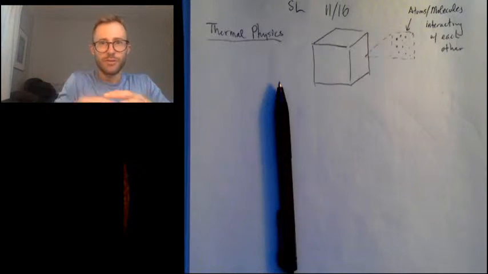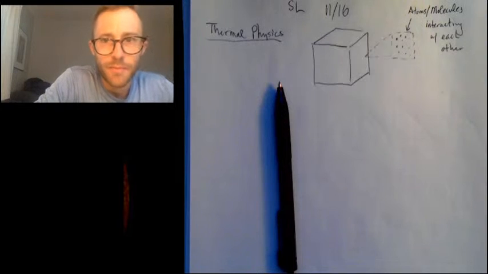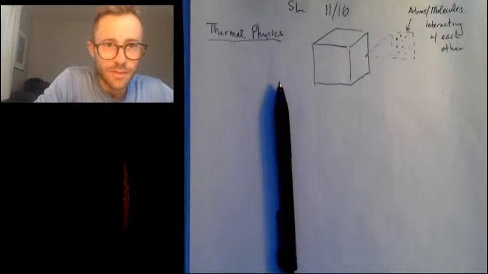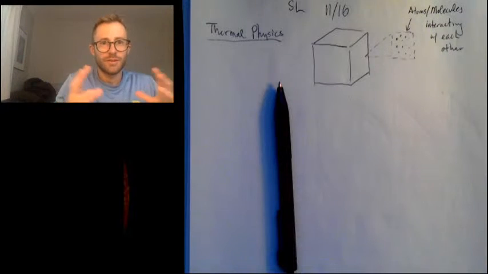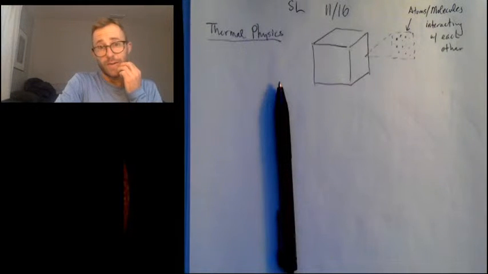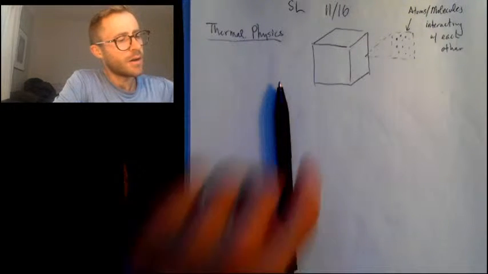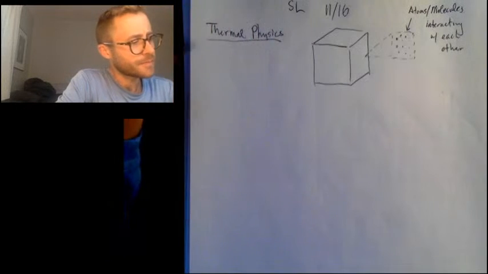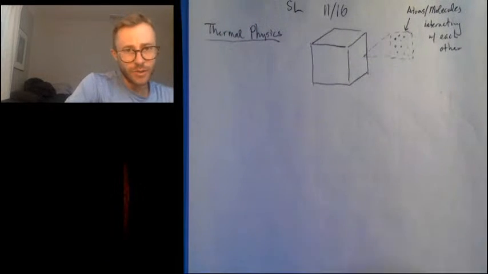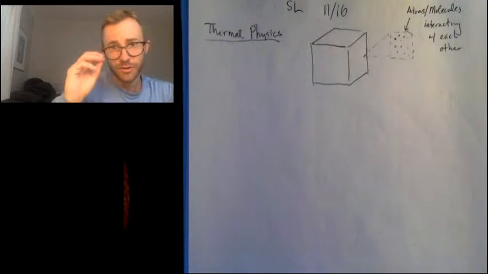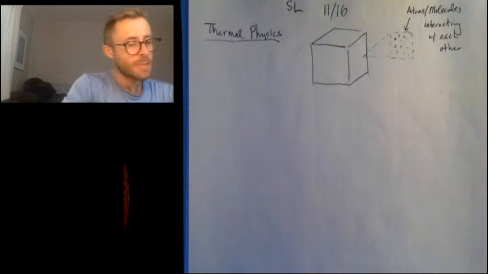They're interacting with each other, and there's a lot going on. It's just that from our perspective, it doesn't look like there's a lot going on. Because there's all this stuff going on that we can't really see with our eyes, we can only see it if we zoom in.